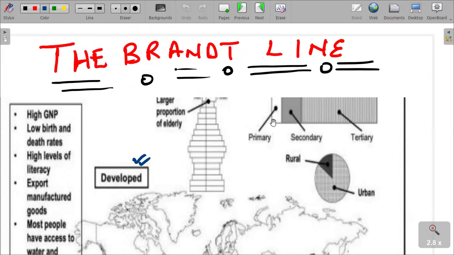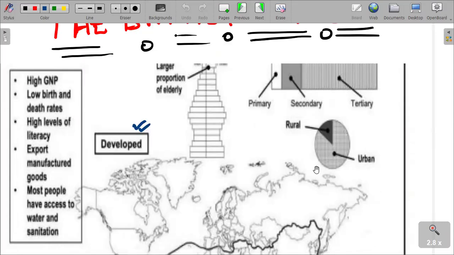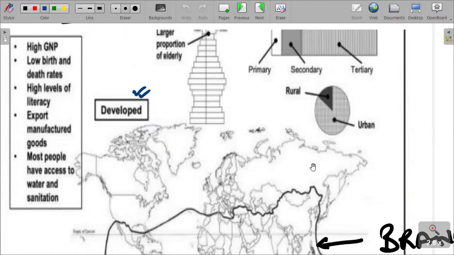We also have this spectrum that identifies the economic sectors of developed countries, in terms of the contribution of the primary, secondary, and tertiary sectors, and also population distribution, in ratios of rural to urban population. We would look into economic indicators that are affecting developed countries and also developing countries. These factors are the same, but they are just applied differently.